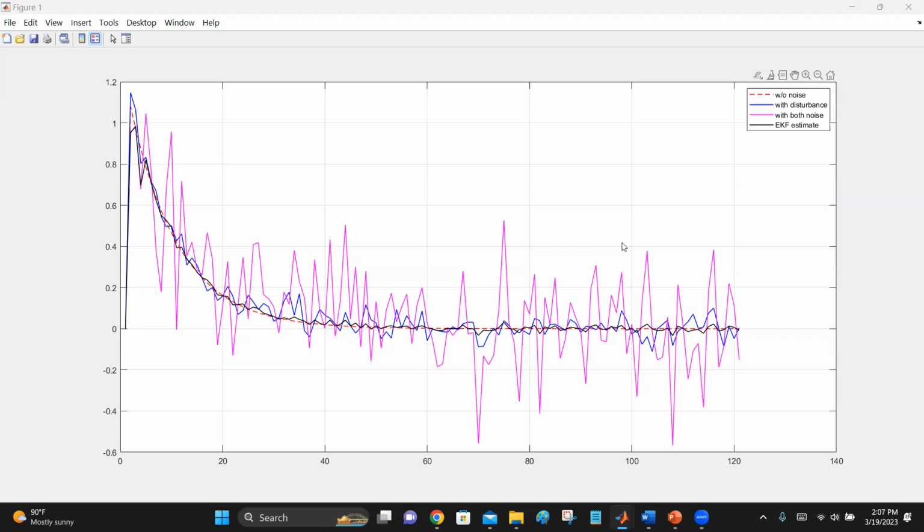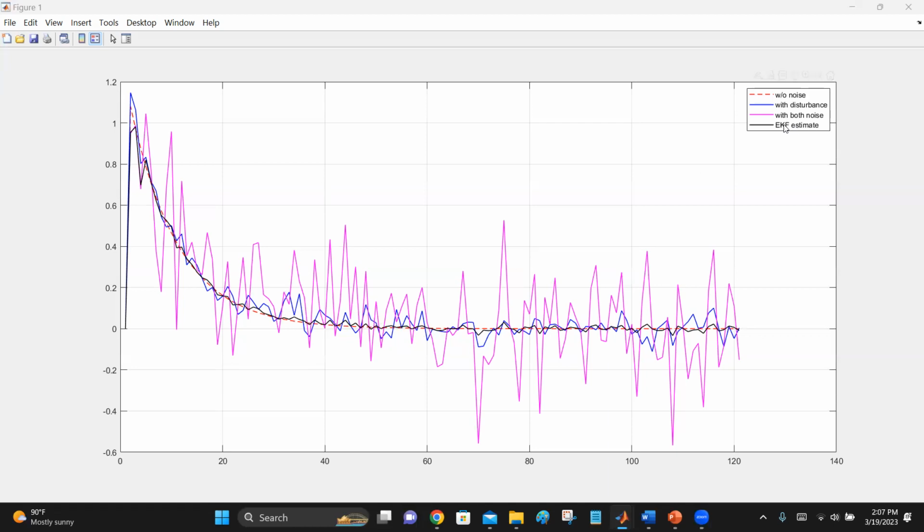Okay. Now, if you look at the blue line here, this is the state with the disturbance, because the disturbance is something we need to consider. So if you look at the blue one, right, that is with the disturbance.